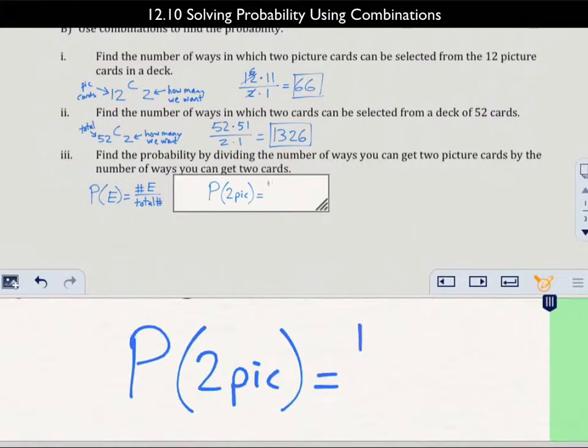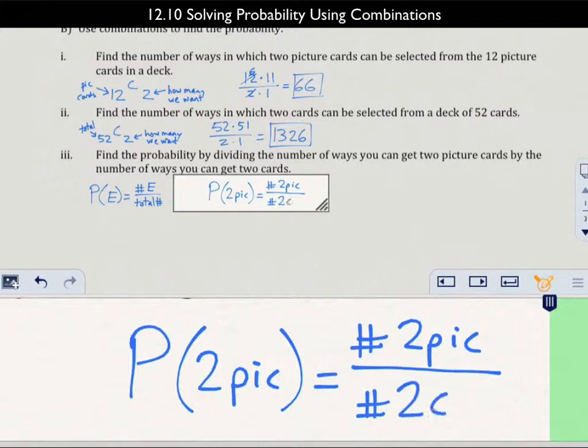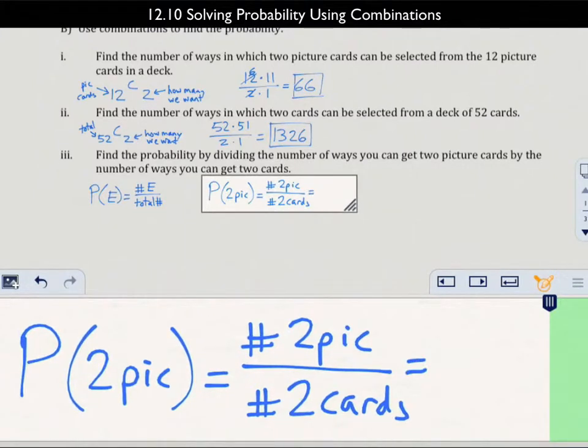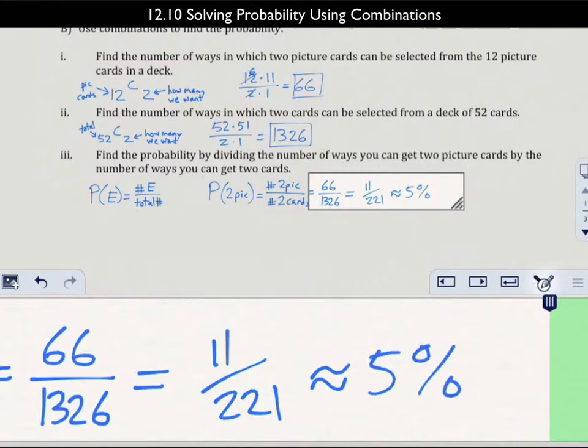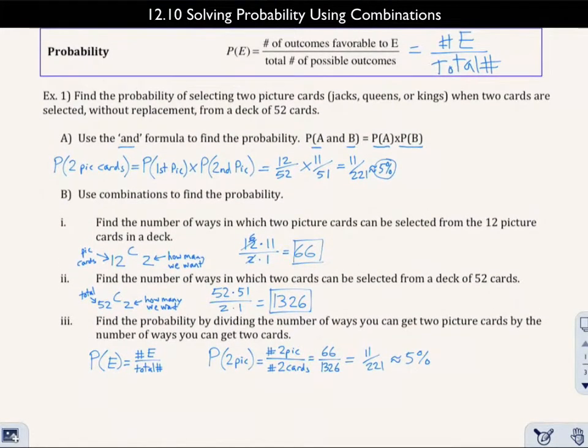We're finding the number of ways we can get two picture cards divided by the number of ways we can get any two cards. And so this is going to be 66 out of 1,326. And lo and behold, when we do this, we get 11 over 221, which is about 5%. You can see that that matched our original answer using the AND formula.